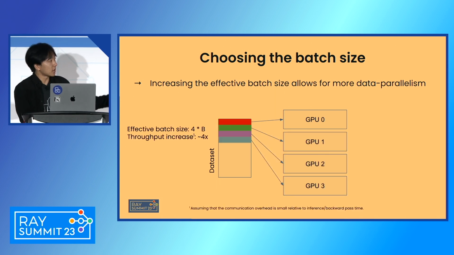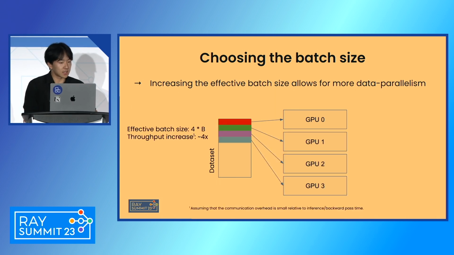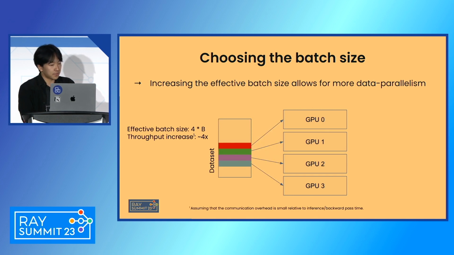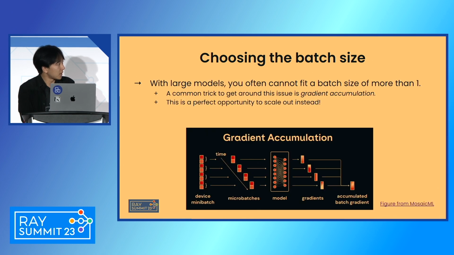If I increase the number of workers, I can increase the effective batch size. This allows for more data parallelism and increases my throughput by around the number of workers that I'm scaling to, ignoring some communication overhead. The new flowchart animation here is showing that we have the 4x throughput.